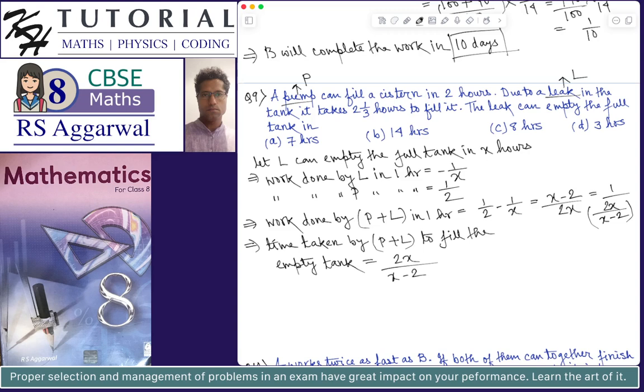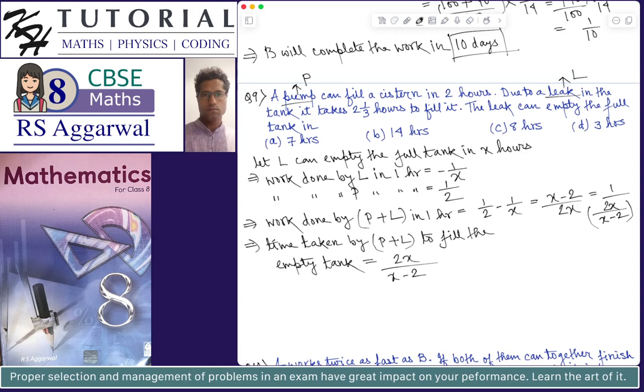This is from the rule of an inlet. That is, if work done by an inlet in 1 hour is 1 by n, then the whole tank will be filled in n hours.